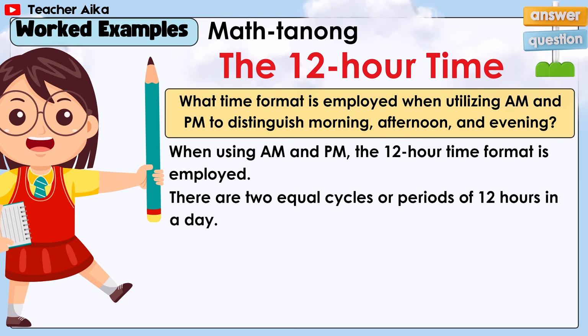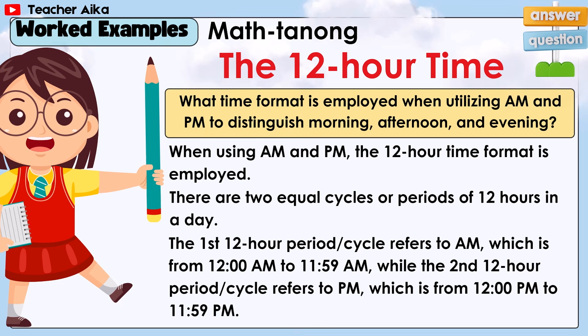There are two equal cycles or periods of 12 hours in a day. The first 12-hour period or cycle refers to AM, which is from 12 o'clock AM to 11:59 AM, while the second 12-hour period or cycle refers to PM, which is from 12 PM to 11:59 PM.